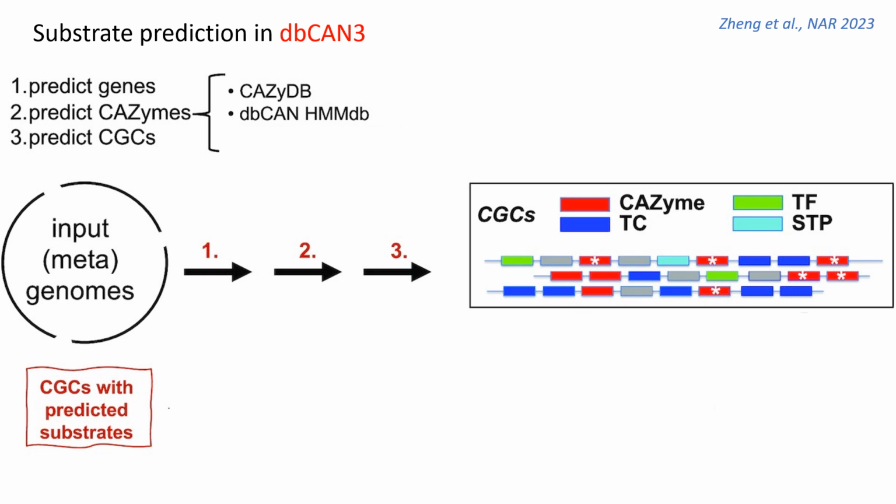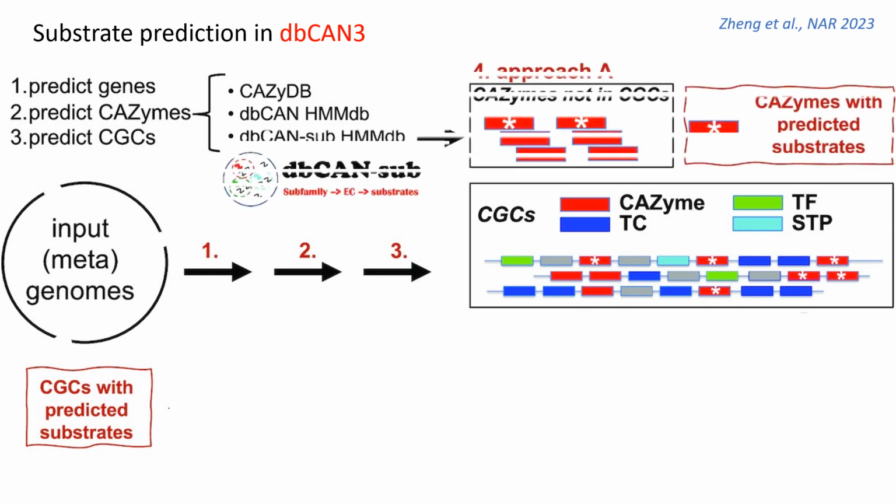We utilized the previous CAZy and dbCAN-HMM database and also additionally incorporated the dbCAN-sub HMM database. This database consists of various CAZymes with EC numbers and corresponding substrate annotations, which were manually created from the existing literature.